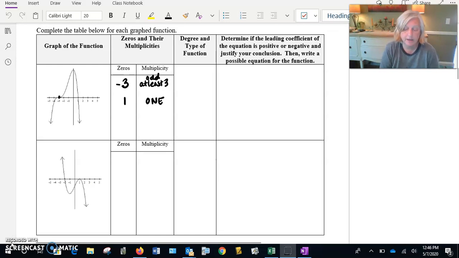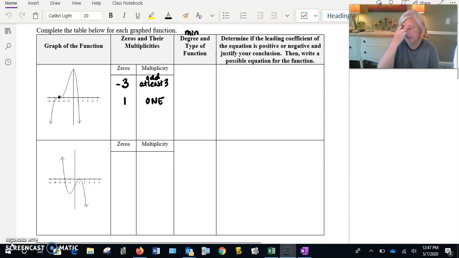The next thing we're going to have is the degree and the type of function. And again, we're looking at the minimum degree, in this idea that we're trying to give you, of course, nice polynomials to start with. So we want to make sure that we understand that there could be higher degrees on this in more complex polynomials, but we're just hitting the main basic types.